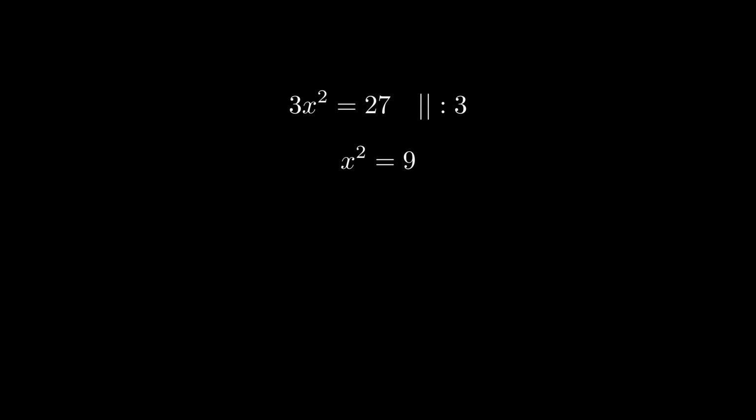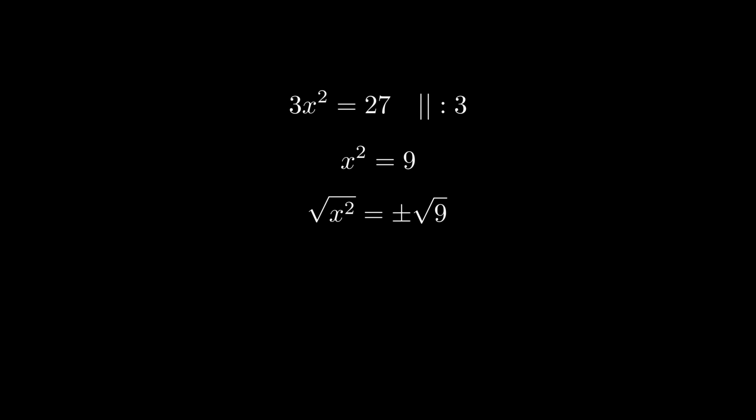After this, when one side of the equation contains only x squared, we can take the square root of both sides. We take the square root because it allows us to eliminate the exponent of 2, leaving only x on the left side of the equation. On the right side of the equation, a plus-minus sign appears.